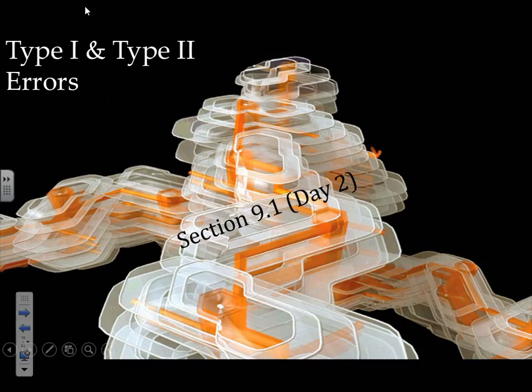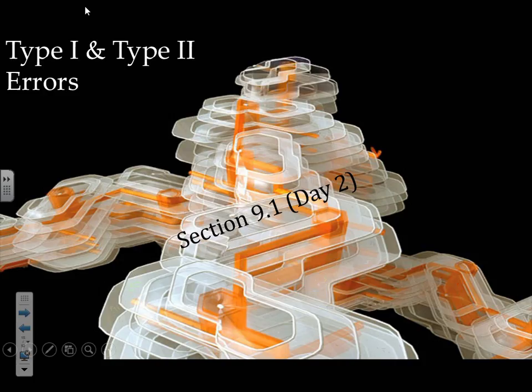We're going to talk about today, since we talked about drawing conclusions already. So given a certain p-value, here's the conclusion we draw. We reject the null or we fail to reject the null. Now we're basing all of these on sample values and then kind of an arbitrary choice of an alpha level. So that means when we choose to reject or when we choose to fail to reject, we might make mistakes.